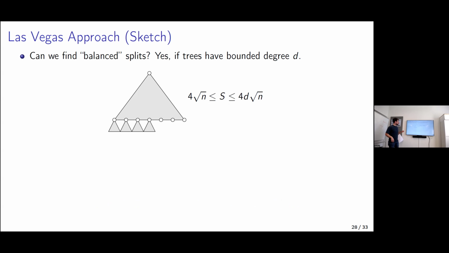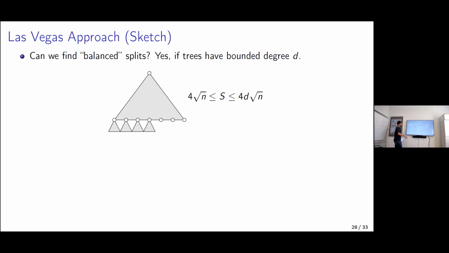It's actually very easy. If we go down to a particular level, whose size is larger than 4 times square root of n, and smaller than 4 times d times square root of n, and this is where this d comes in. So if we go down to a level of this size, this triangle is now roughly square root of n size.